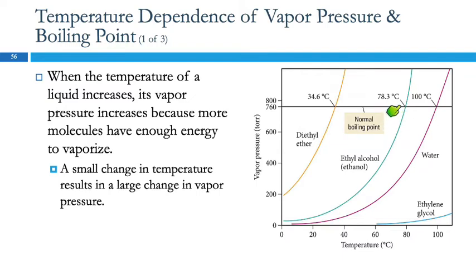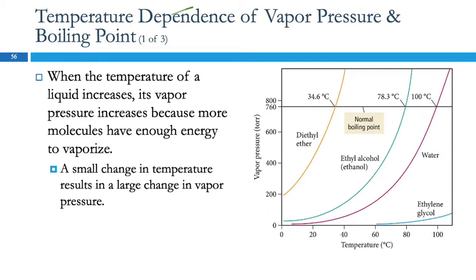For ethyl alcohol, its vapor pressure equals 1 atmosphere, or 760, at 78.3 degrees Celsius. Because ethyl alcohol molecules are not as strongly attracted to each other as water molecules. So you're going to get this high vapor pressure at a lower temperature. And here's diethyl ether, even weaker intermolecular forces, so that will boil at 34.6.